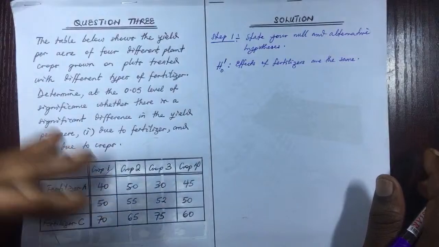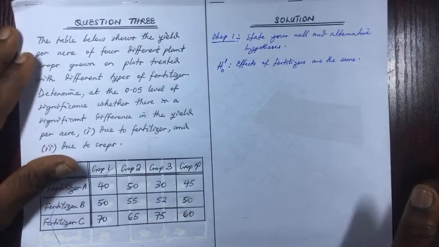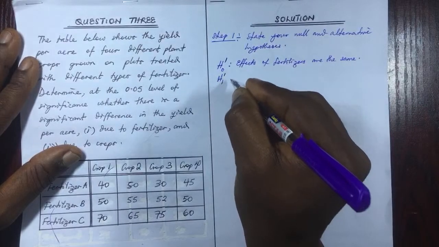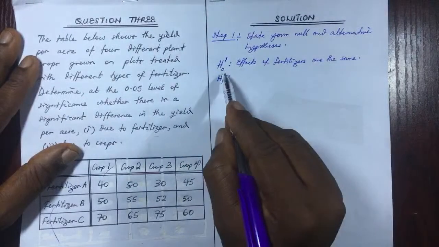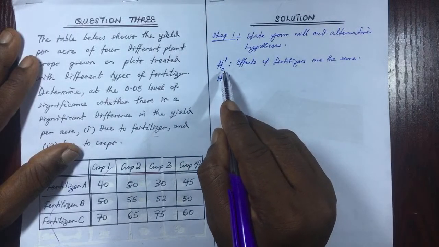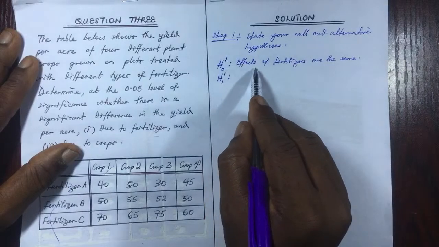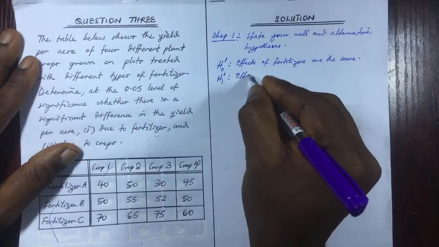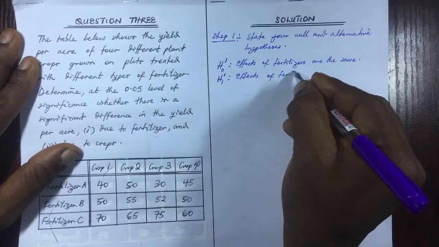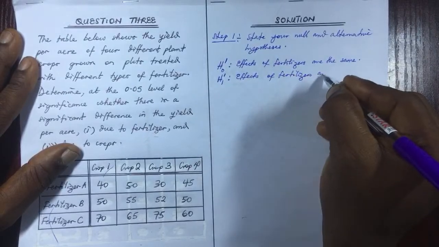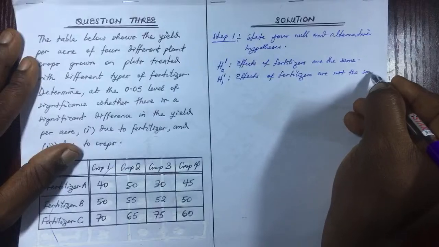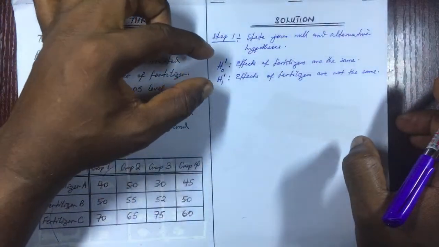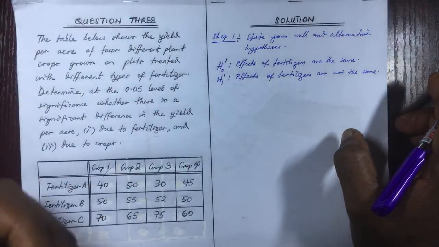Then the first alternative hypothesis will be that the effects of fertilizers are not the same. So what have I done? This is a two-way problem. I have taken the first set of hypotheses. Remember, there are two sets of hypotheses.